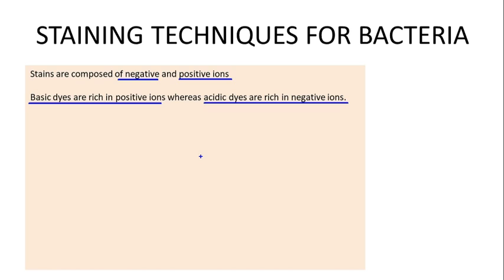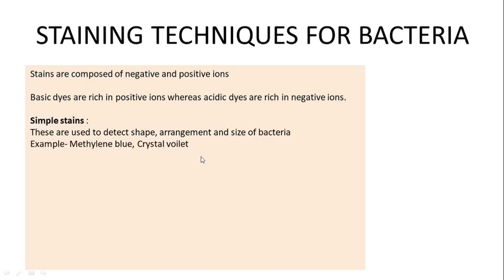Now there are different staining techniques. First is the simple stain. In simple stain, we basically detect the shape, arrangement and size of bacteria. Simple stain includes methylene blue and crystal violet.